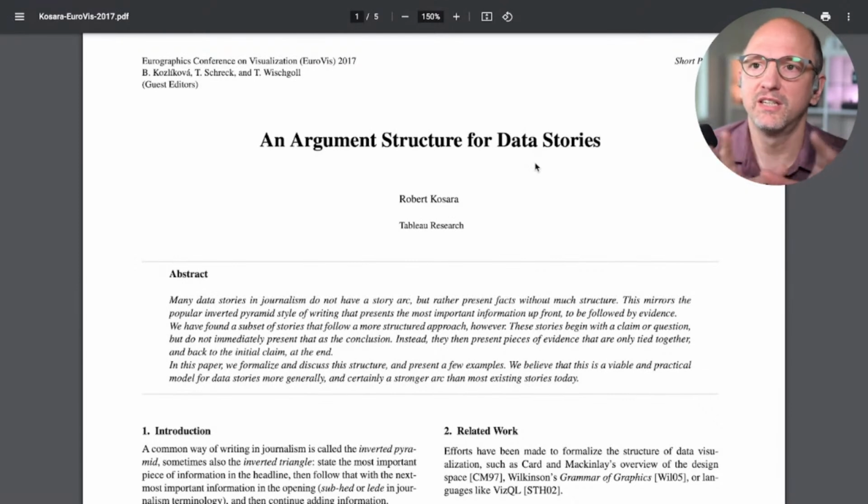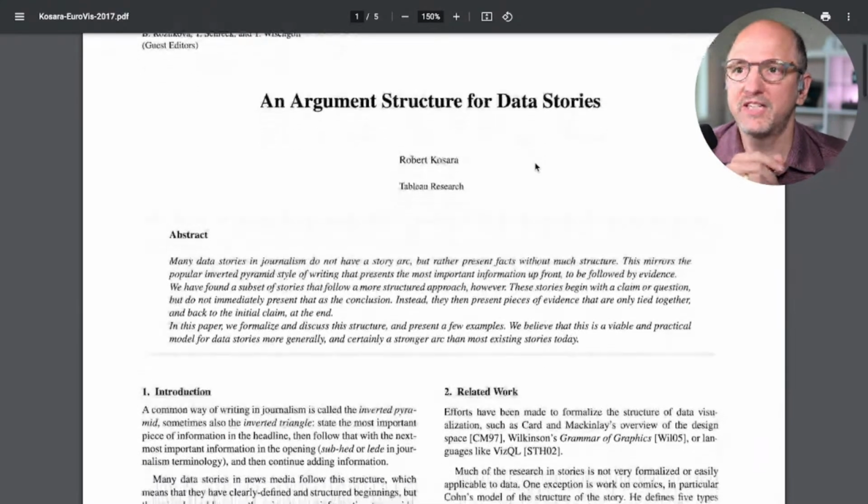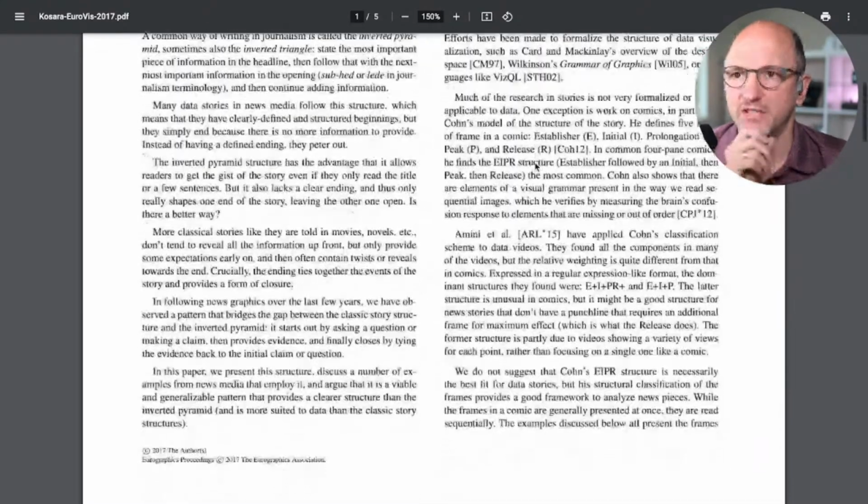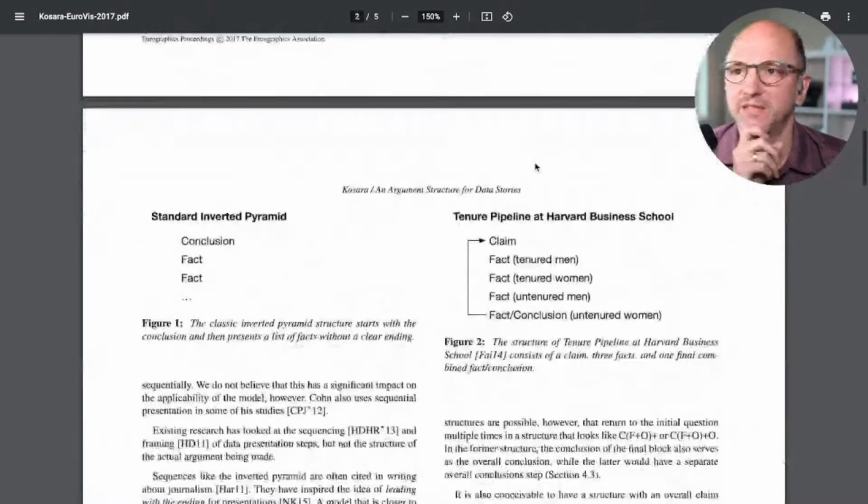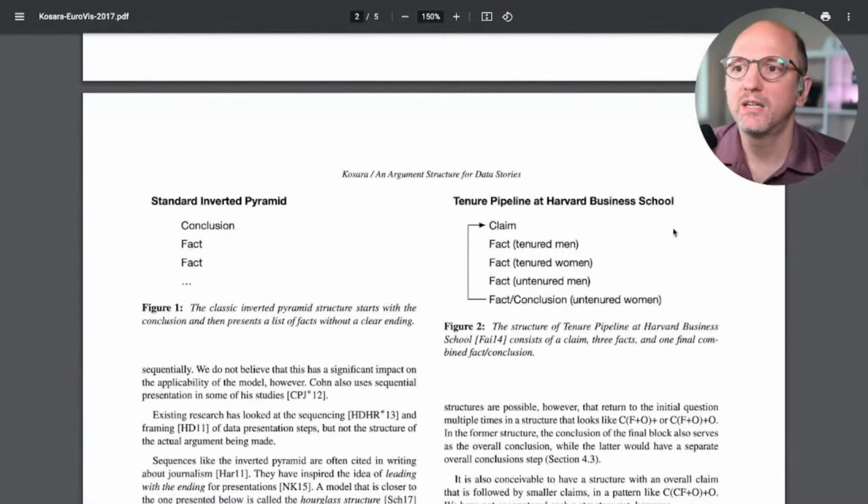There's a lot of interesting theory around comics and sequential presentation. If anybody knows Scott McCloud's book, Understanding Comics, very highly recommended. It's a really good book that I think is also really valuable for better storytelling with data, even if you're not using comics.